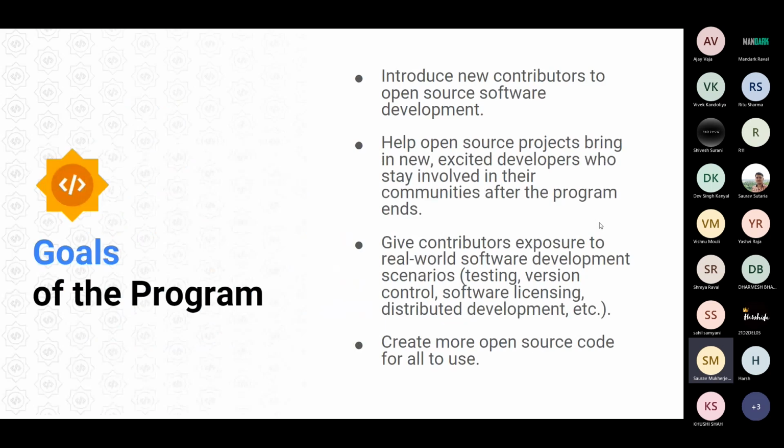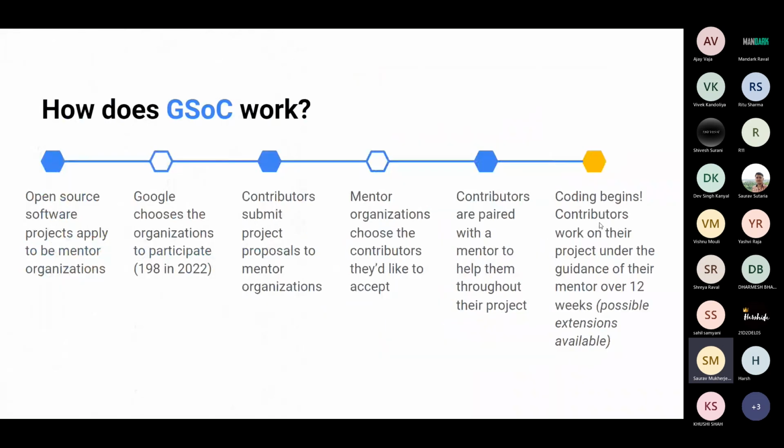First we'll discuss how GSOC works. First of all, different organizations apply for GSOC, and Google chooses the organizations for each year. This year Google will announce the organizations in the month of February, which means next month.